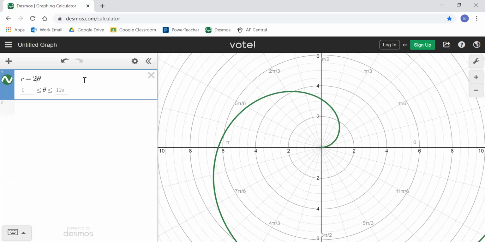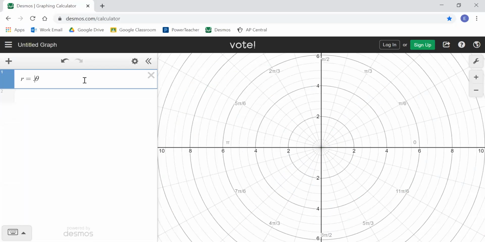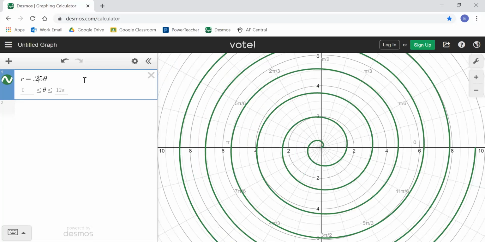It should loosen up that spiral, right? But if I were to make it a half of theta, it's going to make it a tighter spiral, or a quarter of theta. It's going to give us this really cool looking spiral, the Spiral of Archimedes.